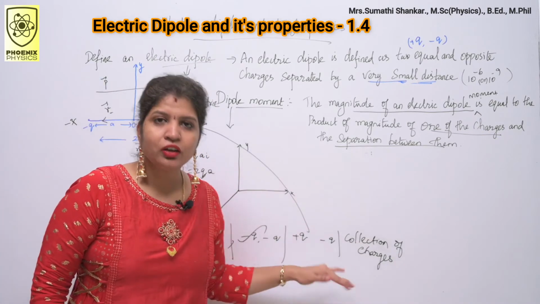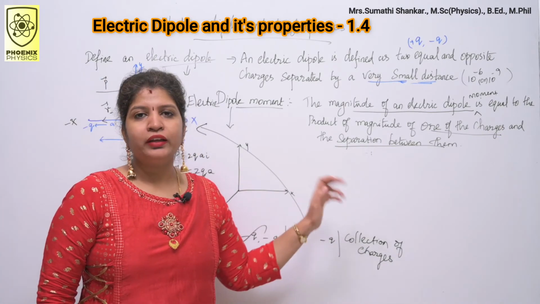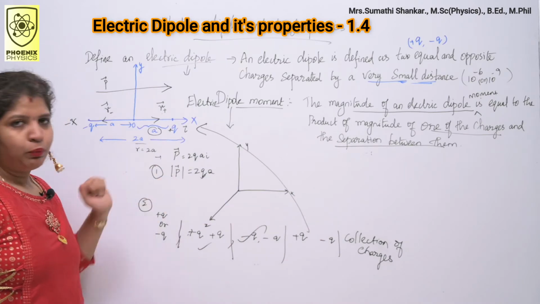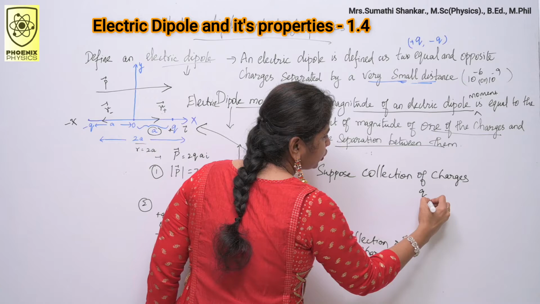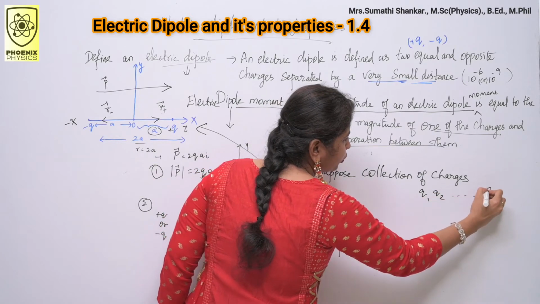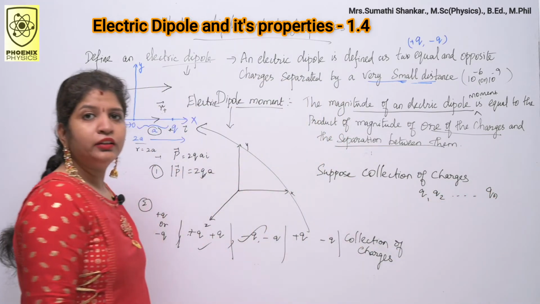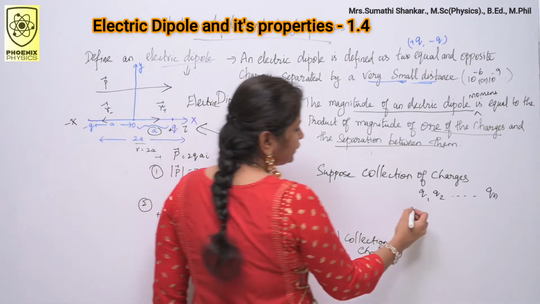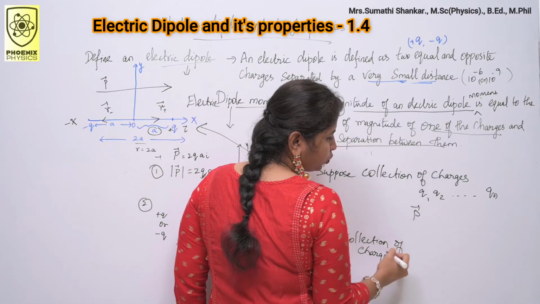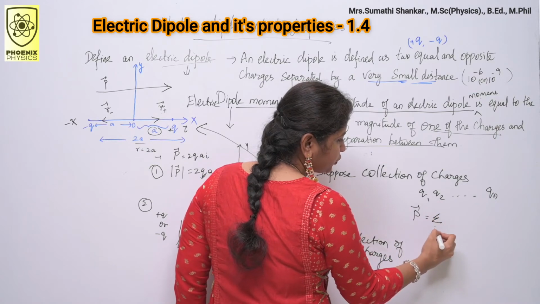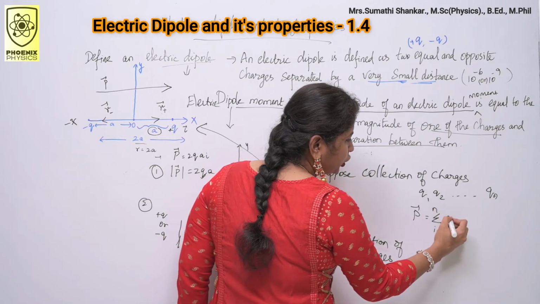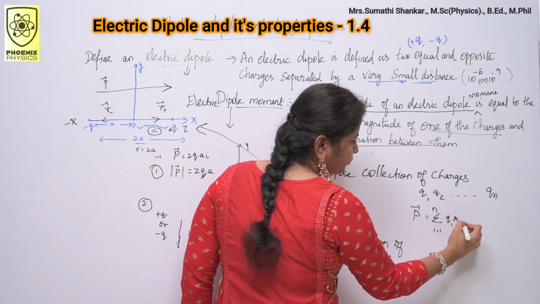Suppose we have a collection of charges, we can also calculate the dipole moment. Say q1, q2 up to qn. Then how do you write the dipole moment formula? That is P is equal to, P is a vector quantity, right? So P is equal to summation over i equals 1 to n of qi ri.